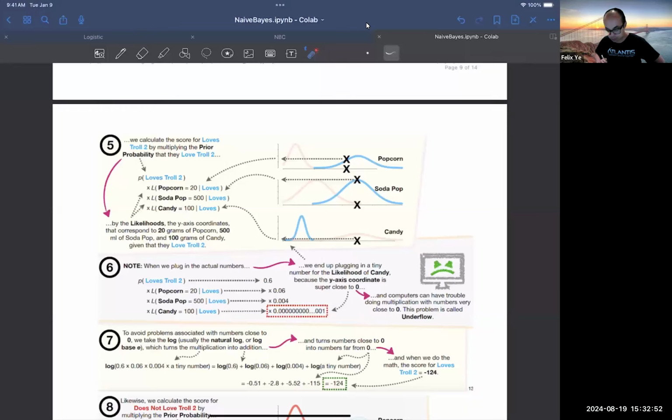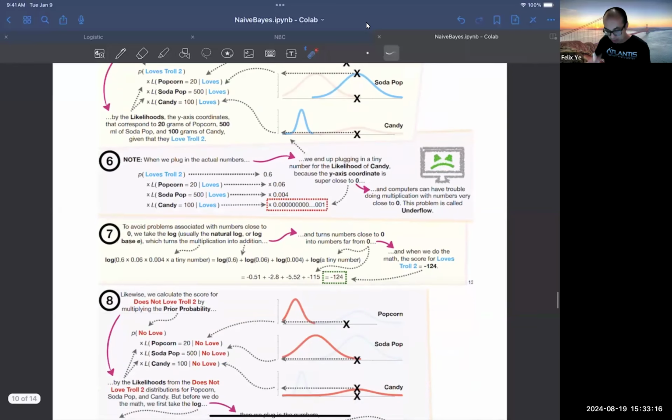This could be like 0.000 with multiple zeros and then 1, super close to 0. It might cause trouble when we do multiplications in the computer, because of the problem of underflow.